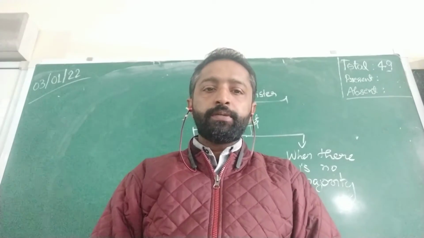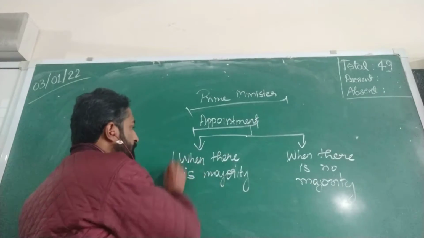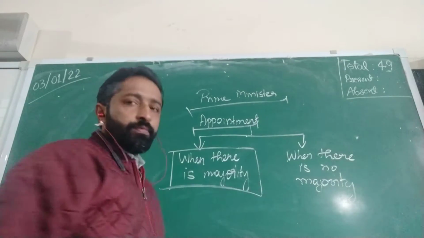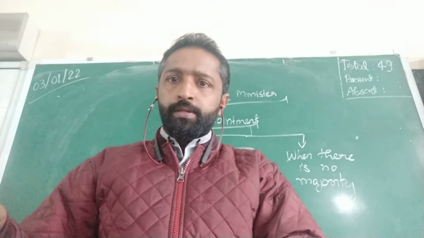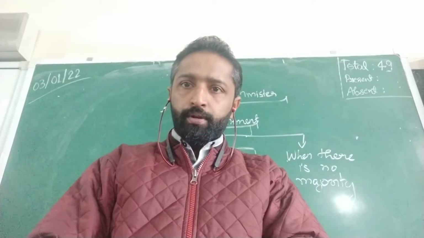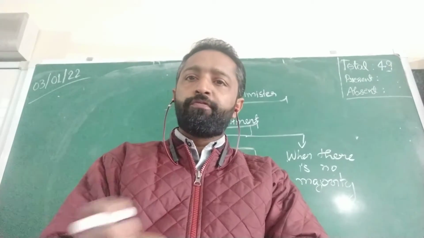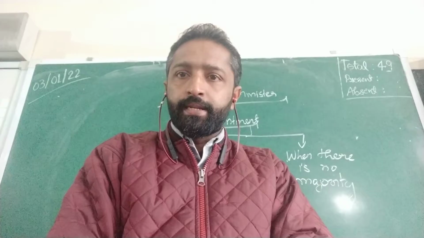The normal situation, what happens when there is a majority. After the elections, in the normal sense, there will be one party that gets the majority, and that party will form the government at the center.